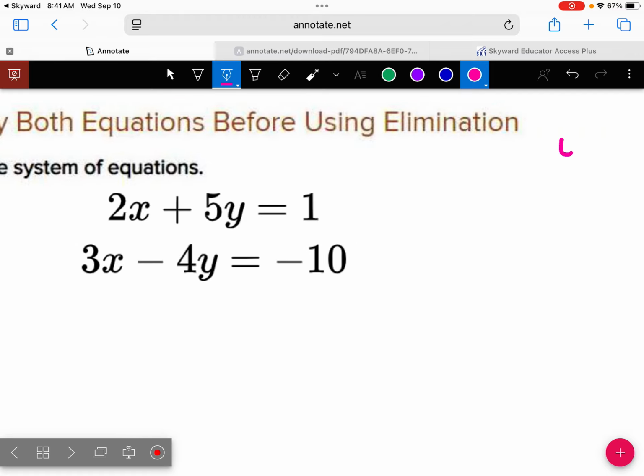Y's. Let's look at our y's. So if I want these two pieces to wind up with the same number, but the opposite sign, we want to think of a number that has 5 and 4 both as a factor of it. So what number is divisible by 5 that is also divisible by 4?